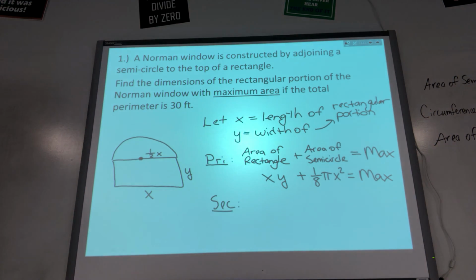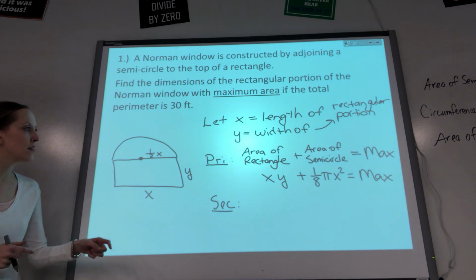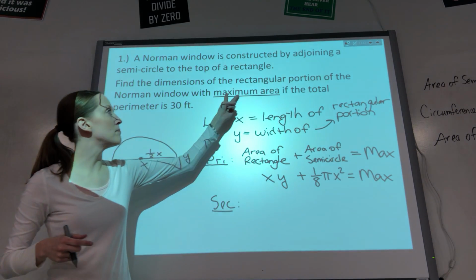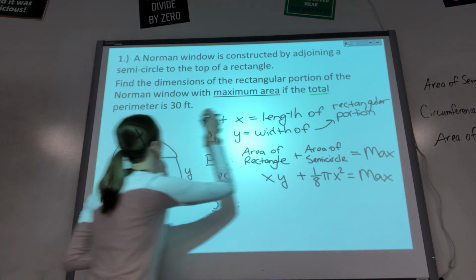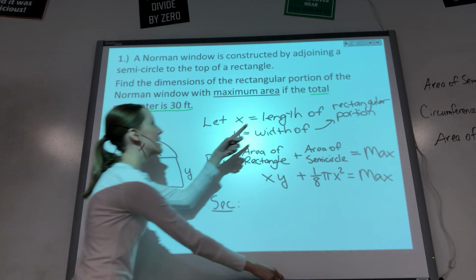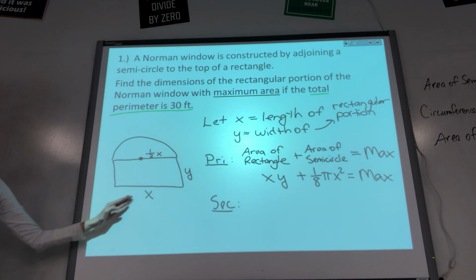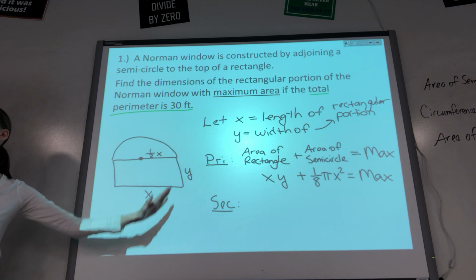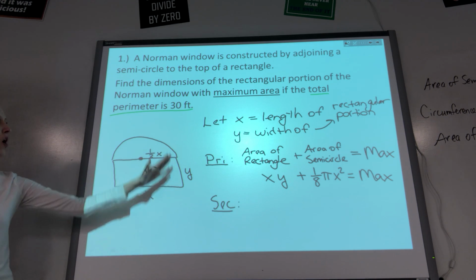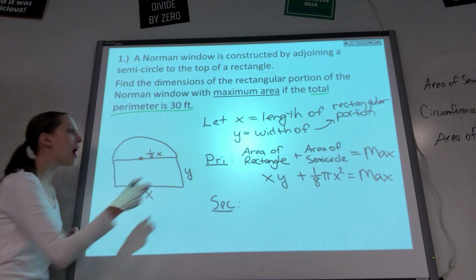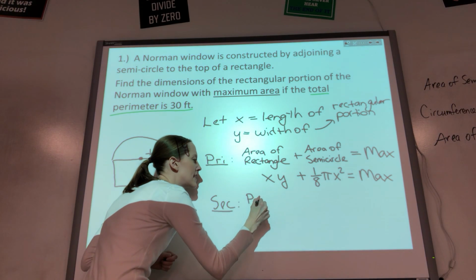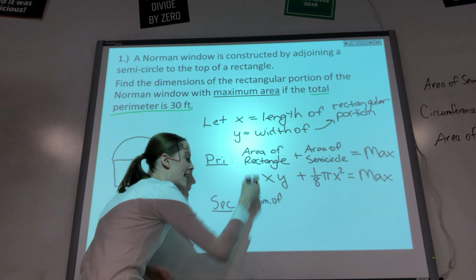Now the secondary equation, remember that equation is just based on all of the other information. Area was the maximum part, that was the primary. The other part that I know is right here in green. The total perimeter, not just perimeter of the rectangle, but perimeter of the whole thing, that total perimeter is 30 feet. Now, I'm going to break this down like I did the last one.